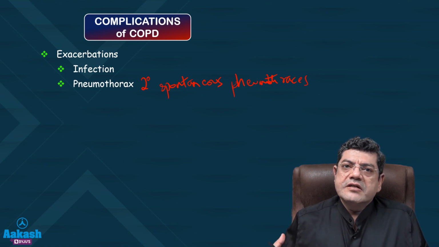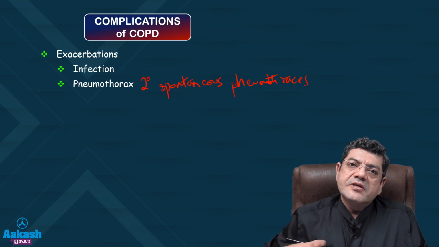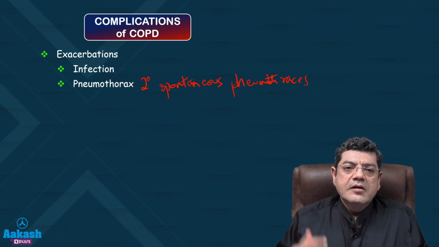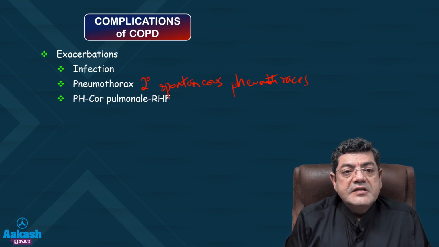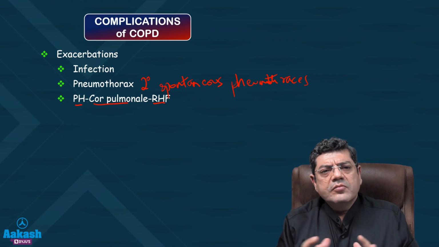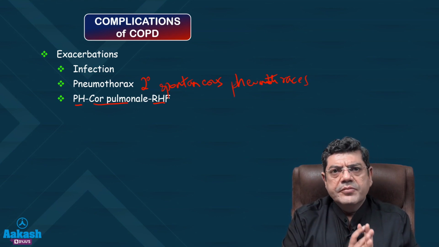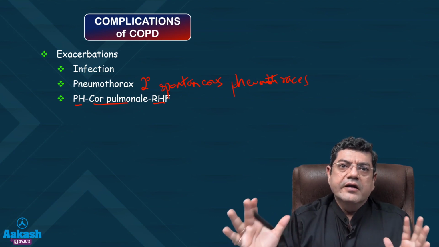Hyperinflated hemithorax on the affected side, tracheomediastinal shift to the opposite side, absent breath sounds, and a hyper-resonant percussion note, right? Besides this, pulmonary hypertension, cor pulmonale, right heart failure. Now, these are phenomena that develop gradually over a period of years or decades, right?